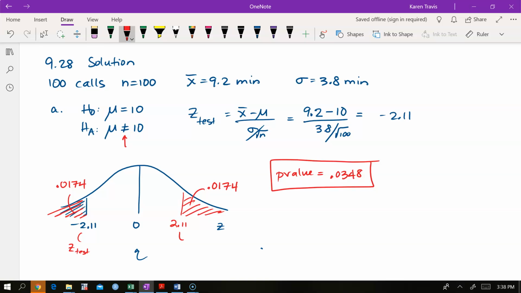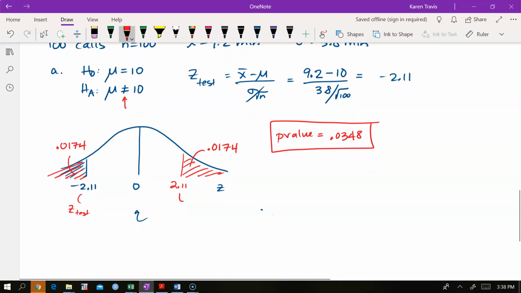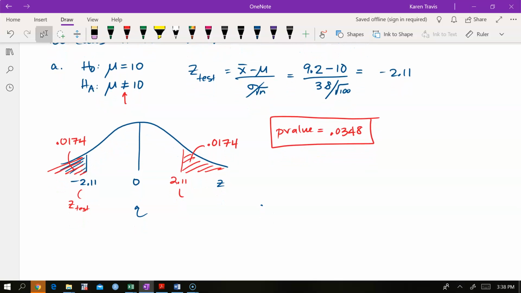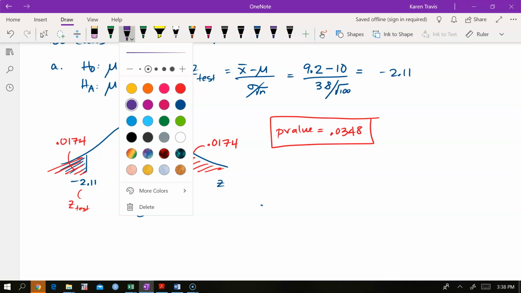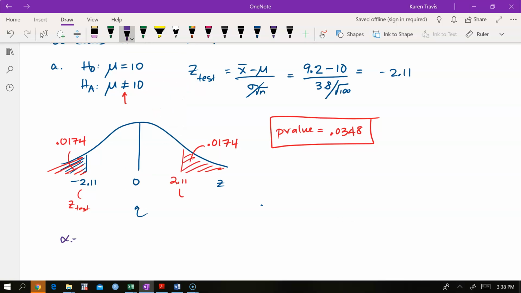So the next part wants us to use that p-value and decide if we would reject the null hypothesis if alpha is 5%. So let's make alpha 5%. This is our level, it first asks for 2%. So if alpha is 2%, it's asking us, would we reject the null?